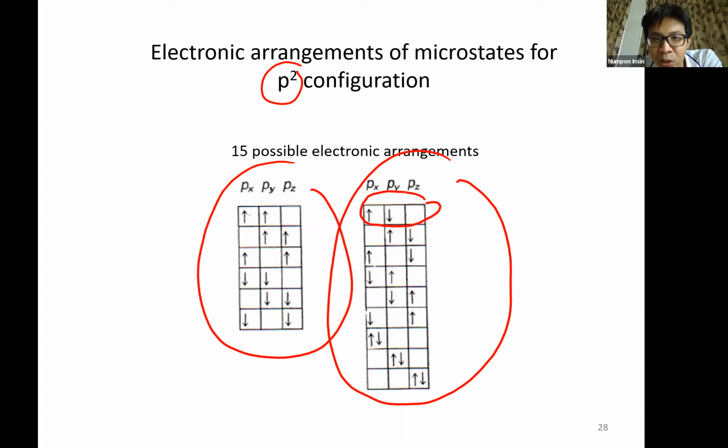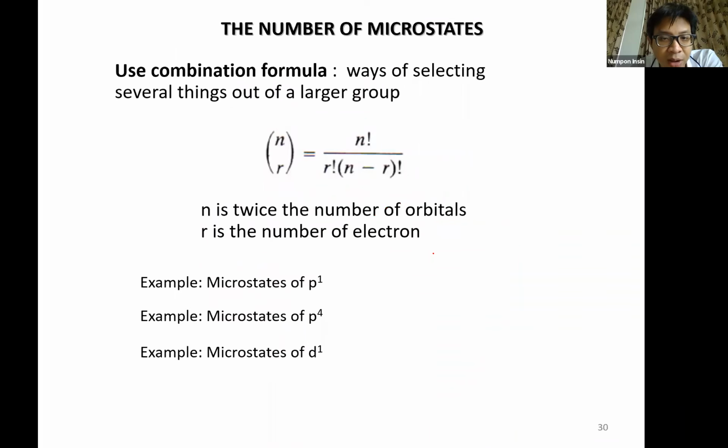The P2 configuration has 15 possible electronic arrangements. All of these are the microstates. So the P2 configuration is gonna give you 15 microstates. And the calculation for the microstates we have done already.